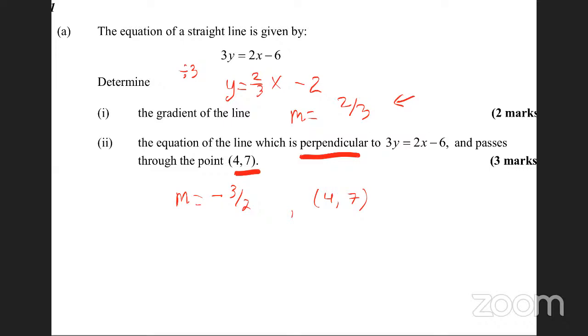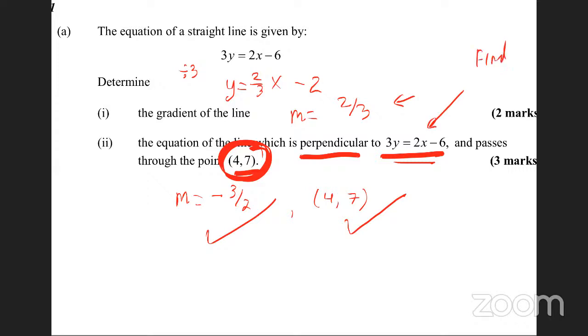So they want the equation of a line that passes through this and is perpendicular to this. And we know in order for us to find the equation of a line, we need its gradient and we need a point on the line. So we have to use this information here to find a gradient. Are you okay with that? No?